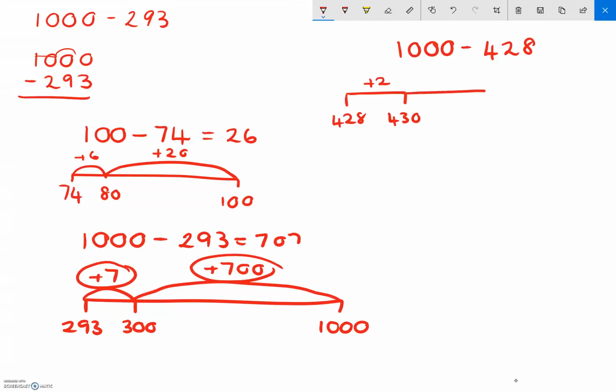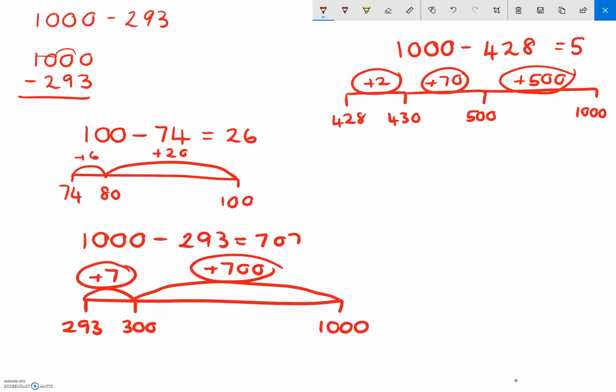My next hundreds number would be 500, so that's another 70. And to get to 1000, from there I've got to add another 500. So 570 and 2 is 572. And I think that's one of the most straightforward ways of doing it.